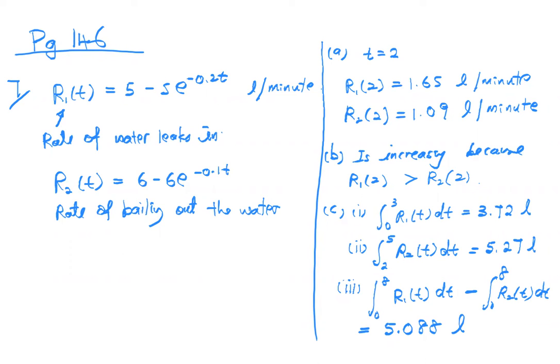How do you interpret the first part? Is 5.088 for R1 or R1 minus R2?